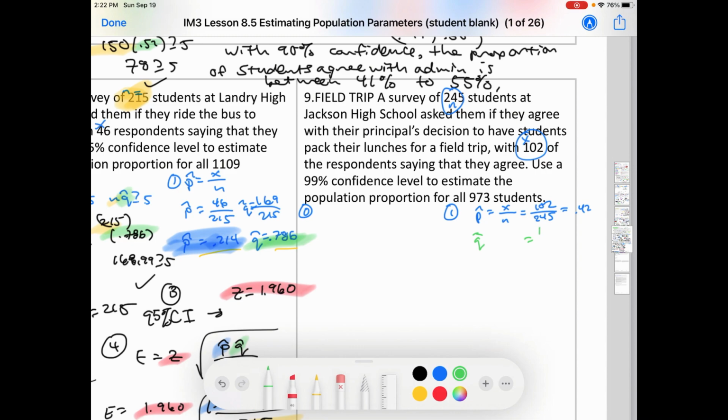Duh, I should have done it in my head. 143 over 245, and that'll be the complement. So 0.58. Okay, so q hat equals 0.58 and p hat equals 0.42. So more people are against the idea for right now, what we can see. And that formula is n p hat greater than or equal to 5 and n q hat greater than or equal to 5.